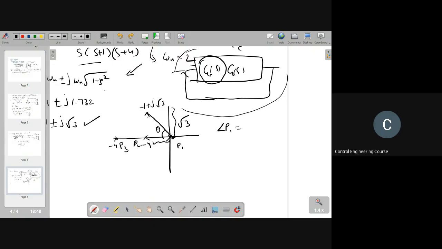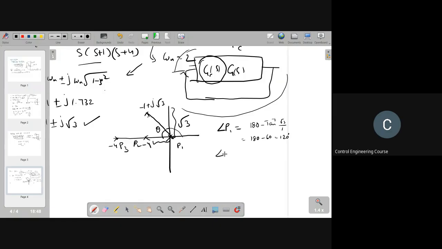We always use the positive convention. This angle is 180 minus tan inverse root 3 by 1. That is equal to 180 minus 60 degrees, that means 120 degrees. Right?